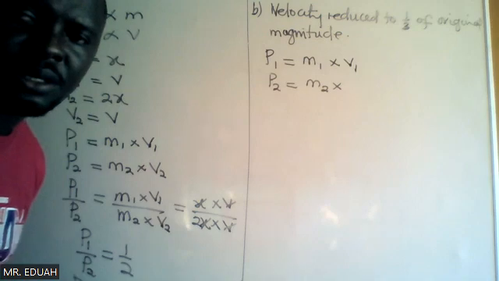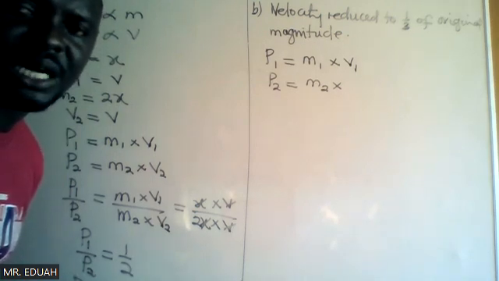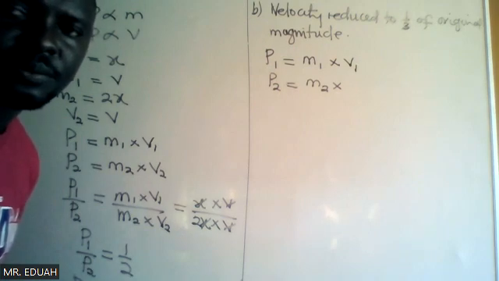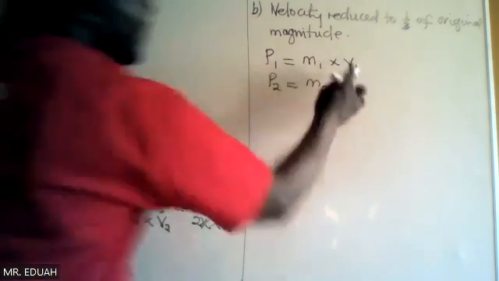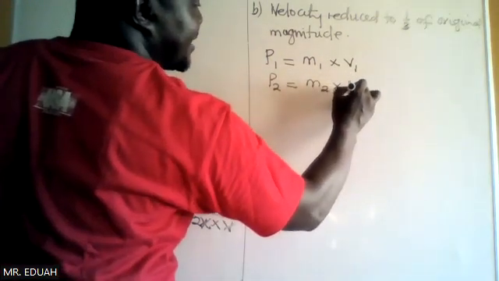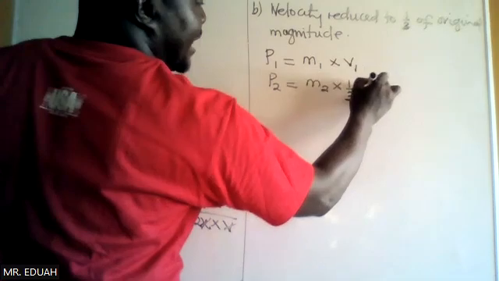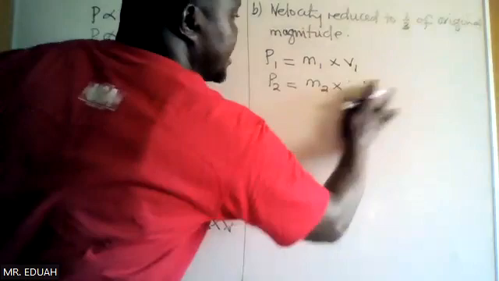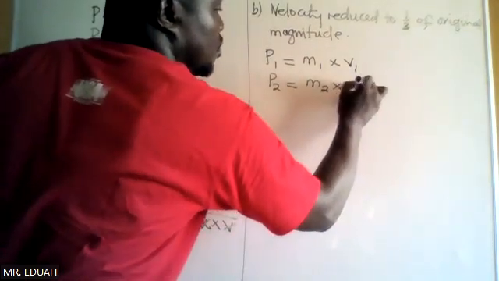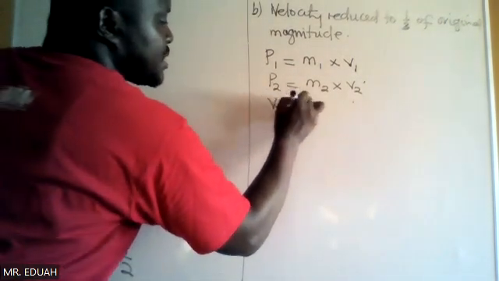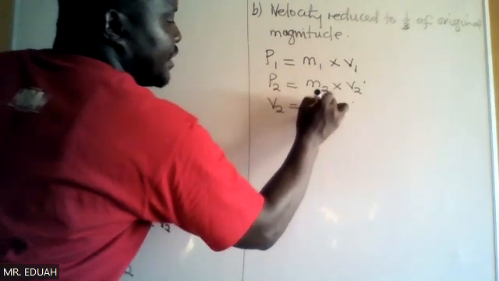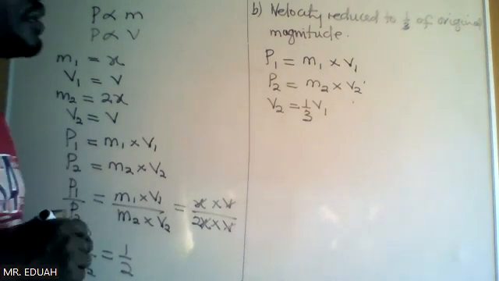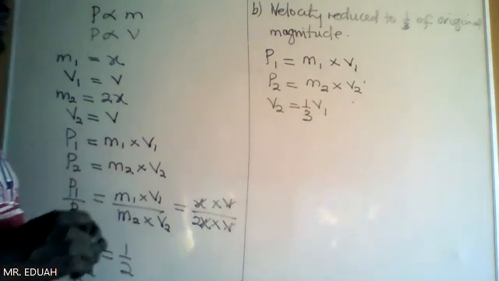So 1/3 of the original value, which is V1. So 1/3 of V1 will be the new velocity. So this is actually V2. But V2 is equal to 1/3 of V1. The velocity is reduced to 1/3 of its original value.